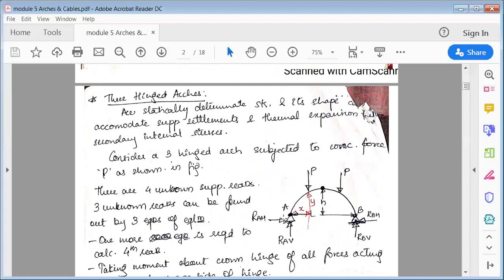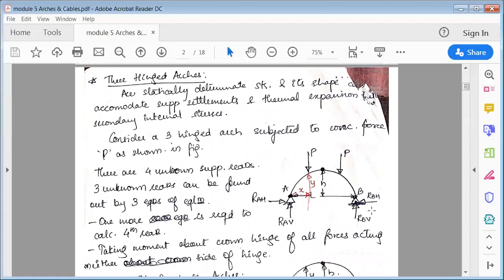Okay. Now, if you see at A and B, there are two supports, and they become the hinge support. Now, because they are hinge supports, in a hinge support we have two reactions: horizontal and vertical.